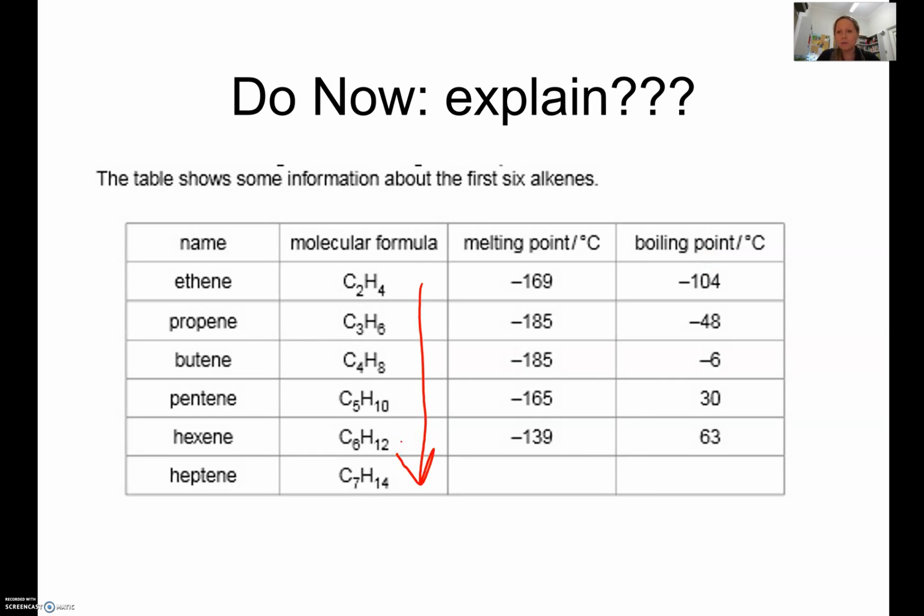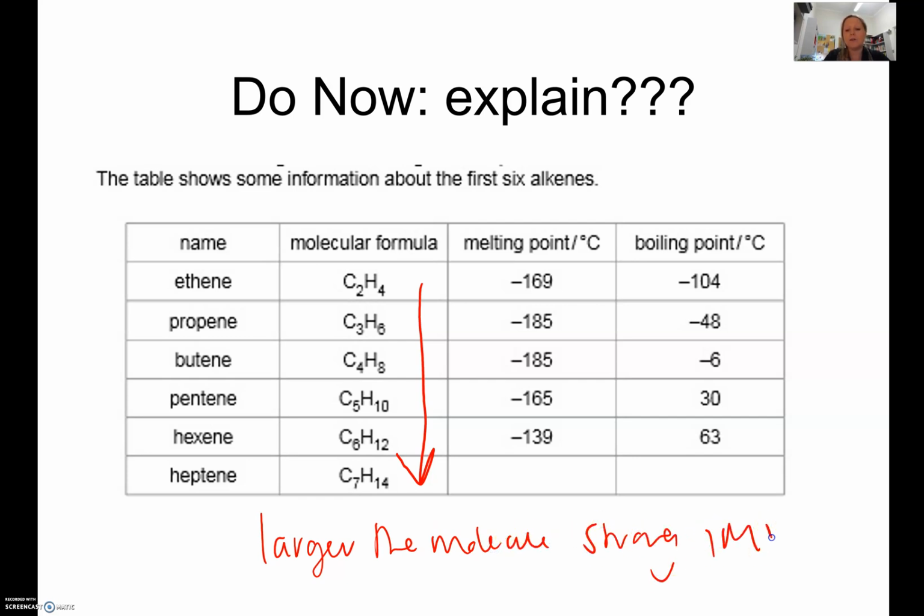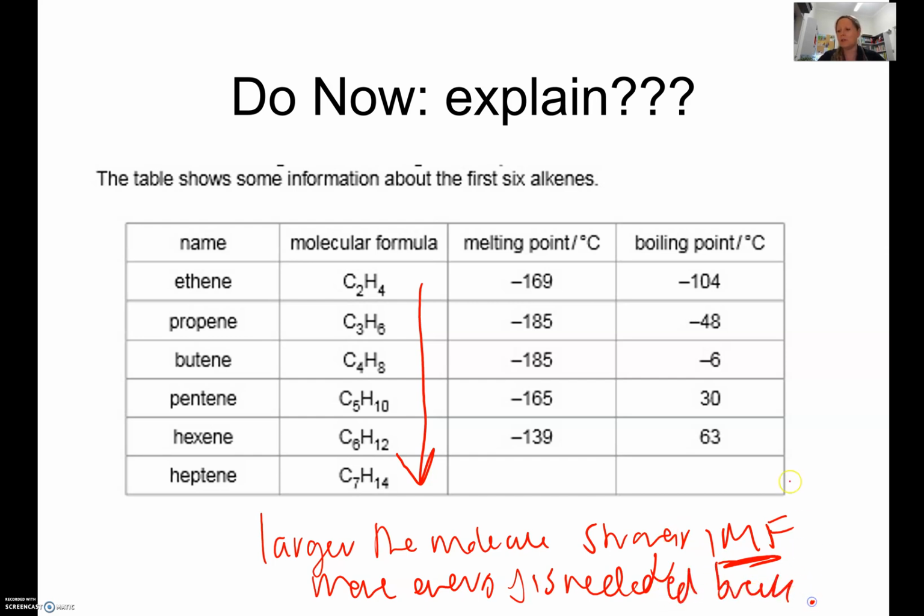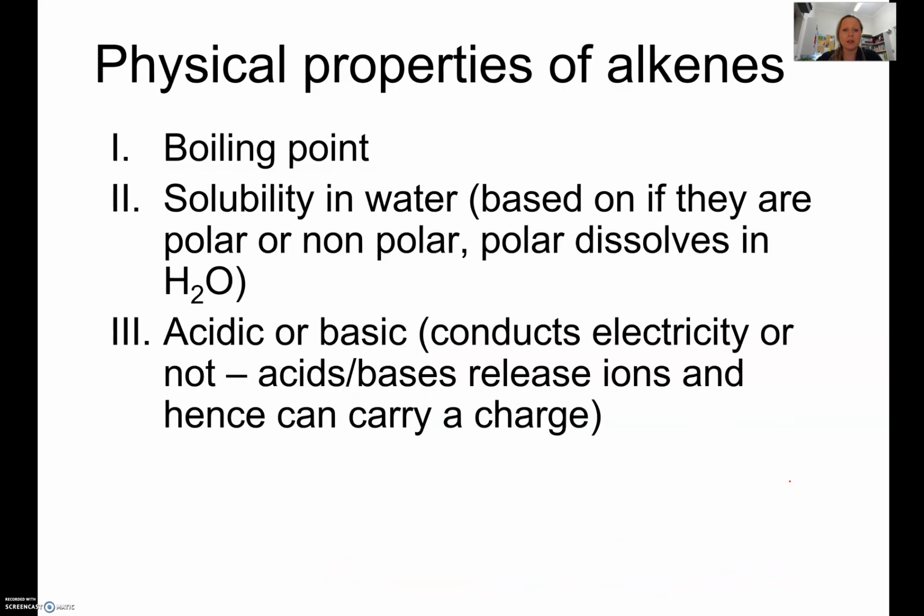And the reason why, remember we spoke about this before, is the larger the molecule, the stronger the intermolecular forces between the molecules, and therefore more energy is needed to break them. And that's a common trend, and you'll see it come up a lot.